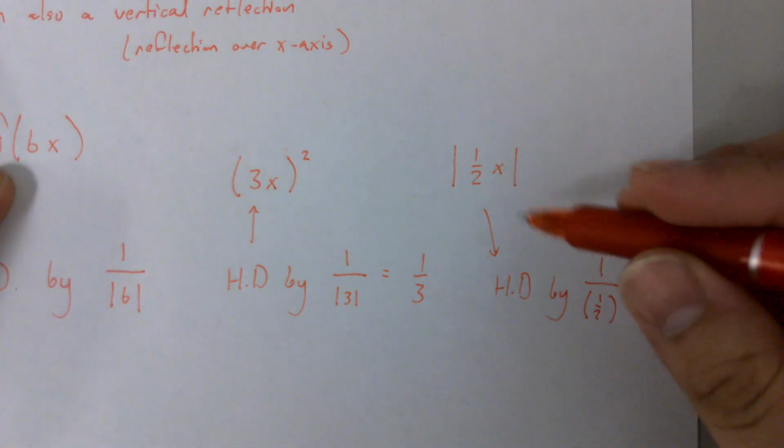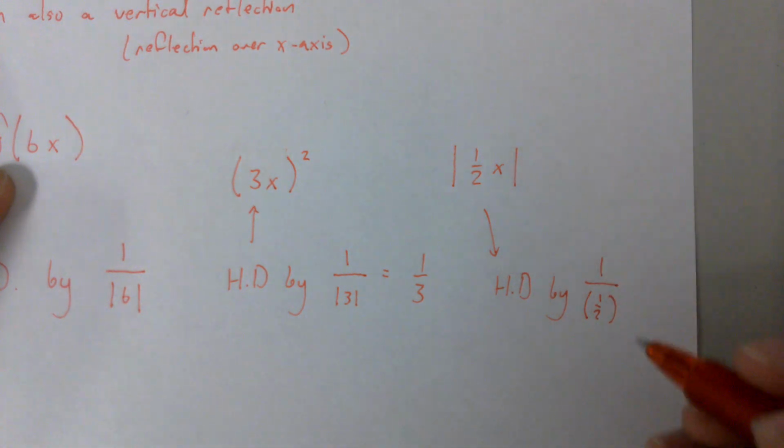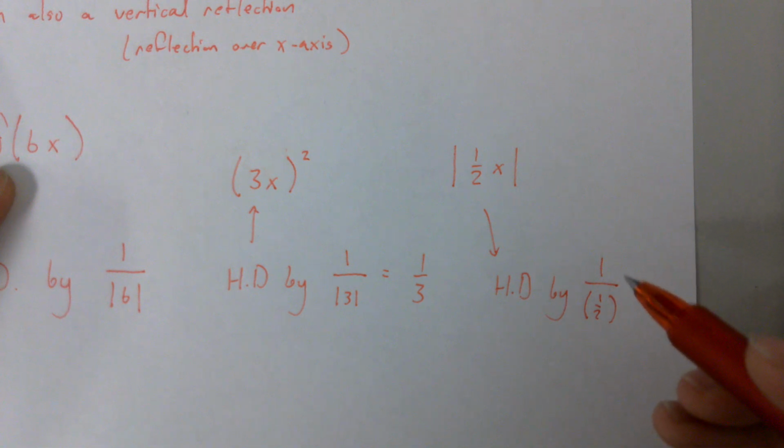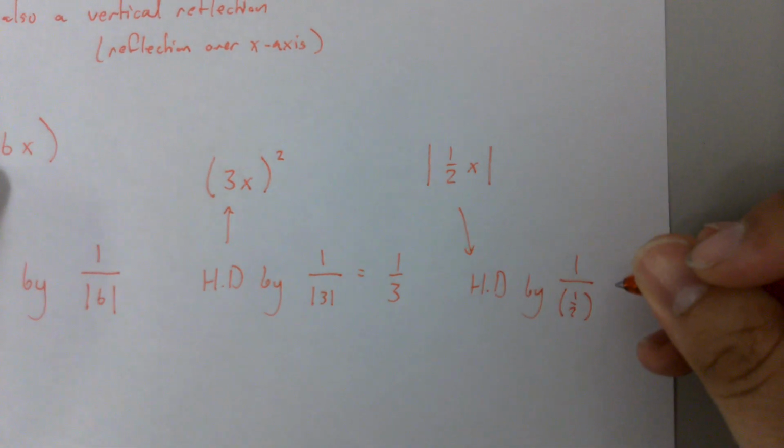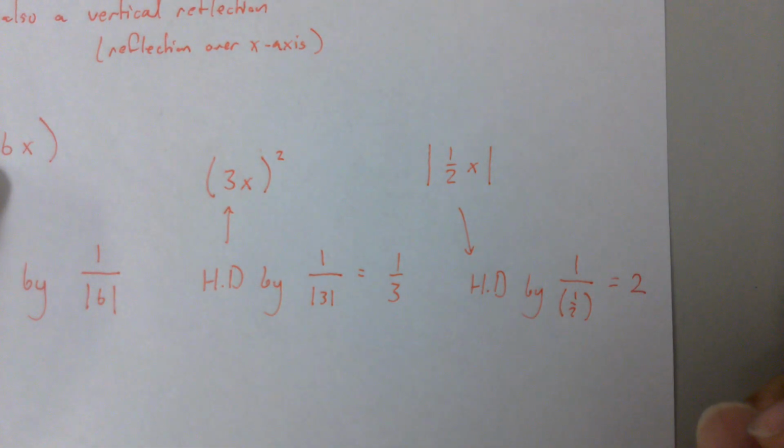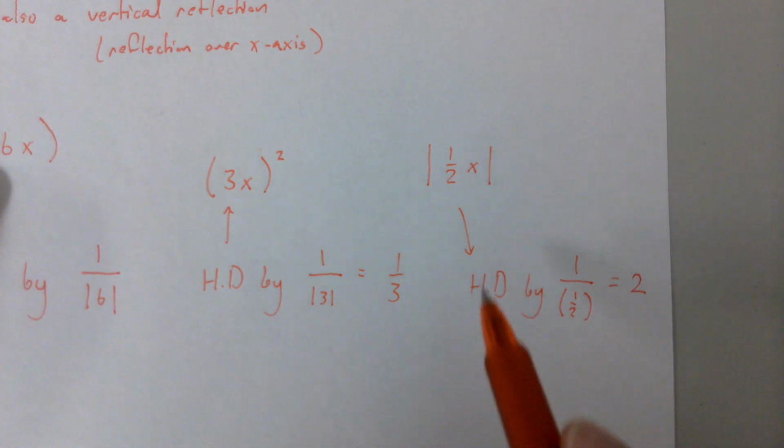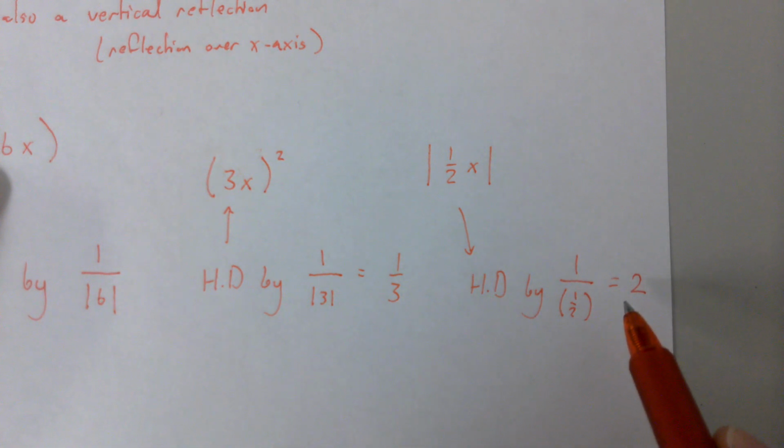I'm not putting the absolute value bars because it's already positive. However, 1 over 1/2 is equal to 2. So this would be a horizontal dilation by 2.